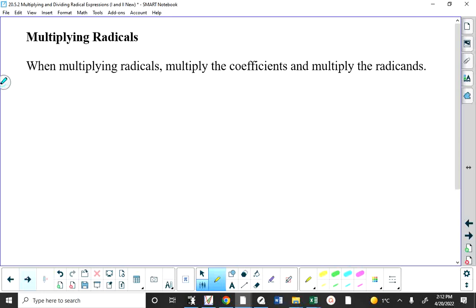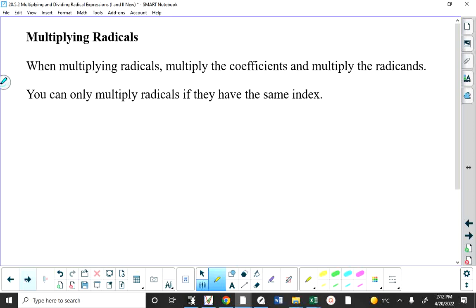When you multiply expressions that have radicals in them, you're allowed to multiply coefficients by coefficients and radicals by radicals. There's a reason for that, and I will get to it in a second, but in the end, we don't have to relive that reason every time we do it. We don't have to go, why is that again? You just do it. By the way, you can only multiply radicals if they have the same index.